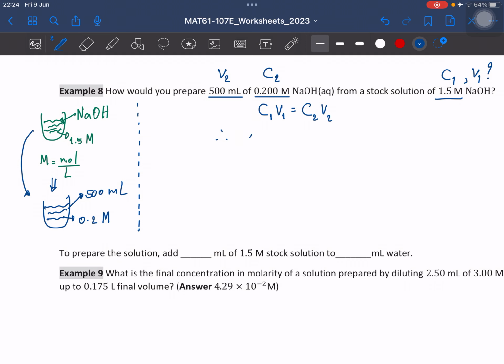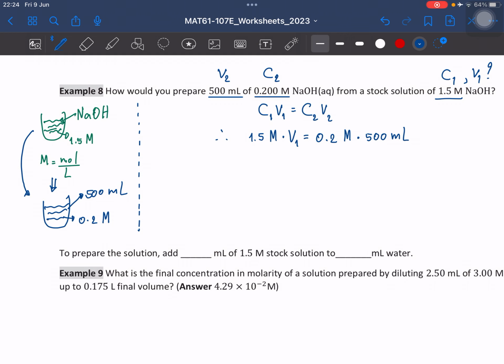Therefore 1.5 molar times V1 is equal to 0.2 molar times 500 milliliter. Is that correct? It's correct.